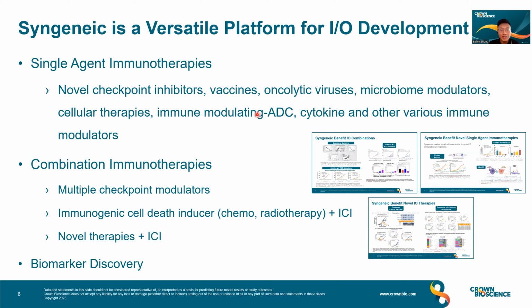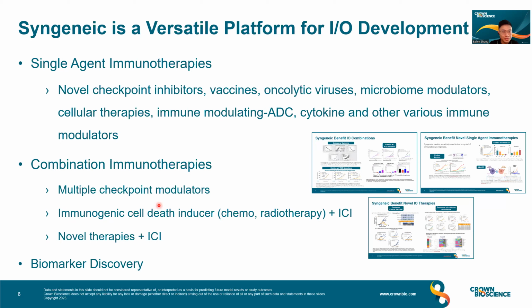As we discussed a moment ago, single agent and combination therapy can be tested in this syngeneic platform, such as novel checkpoint inhibitors, vaccine, oncolytic virus, microbiome modulators, cell therapy, immune modulating ADC, and cytokine, and so on.